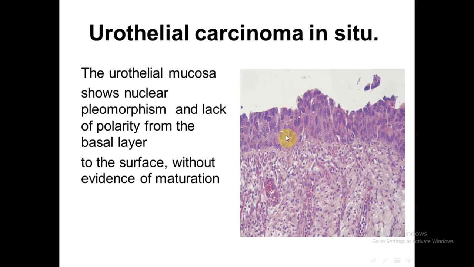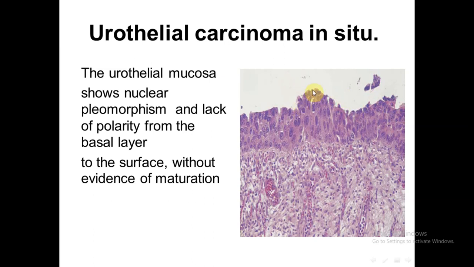Let us go back to the malignant tumor, the carcinoma in situ. Normally the lining epithelium, or urothelial or transitional epithelium, has three layers: the basal layer, the intermediate layer, and the most superficial or upper layer, which is the umbrella cells.